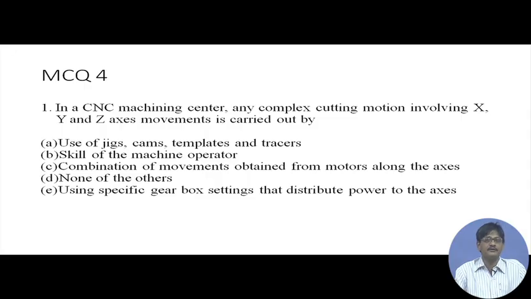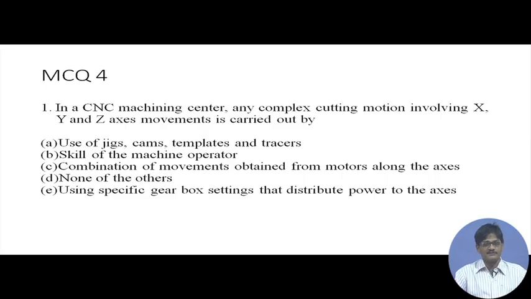Skill of the machine operator, definitely not, because human intervention is the least in CNC machines. They are basically automatic machines. Now, combination of movements obtained from motors along the axis. Yes, this is a good candidate, but let us check out the other options as well.